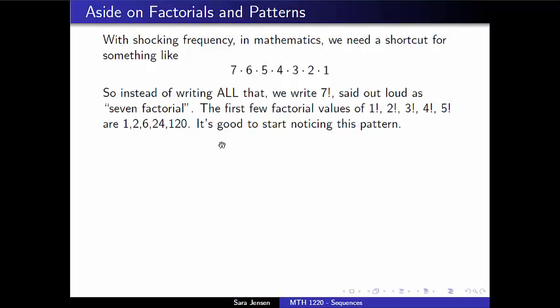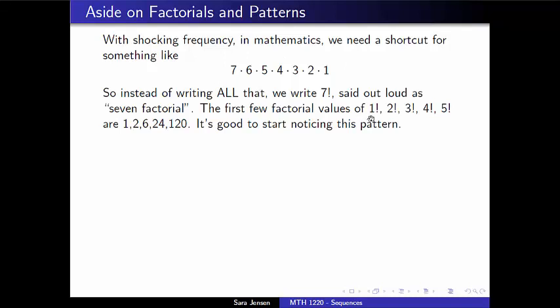So for example, 7 factorial would be a shorthand for 7 times 6 times 5 times 4 times 3 times 2 times 1. But that takes a lot of writing. And so instead of writing all of that out, I'll just write 7 exclamation mark, pronounced 7 factorial, to abbreviate this big long thing that we have right here.